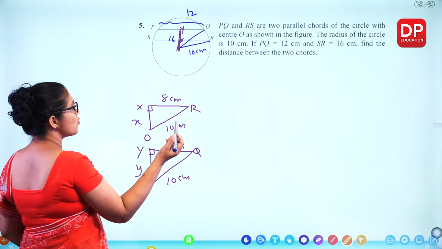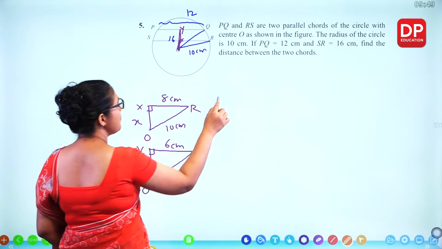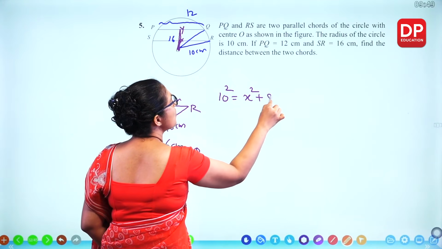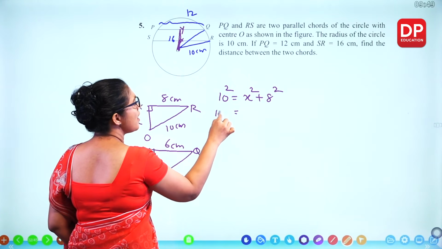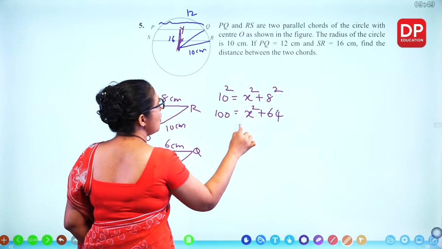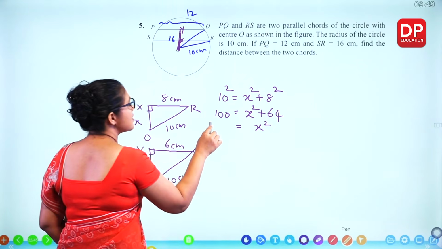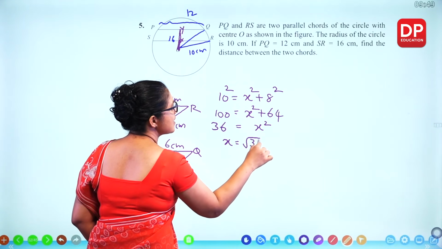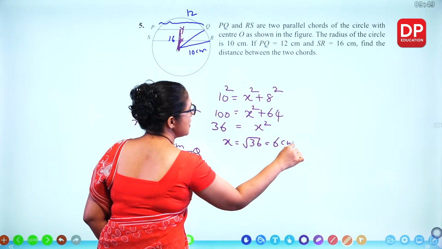We'll solve that using Pythagoras theorem. 10 squared is equal to X squared plus 8 squared. 10 squared is 100, 8 squared is 64, and 100 minus 64 gives 36. The square root of 36 is 6 centimeters.